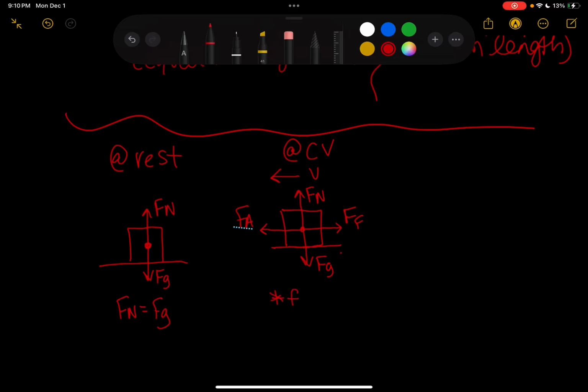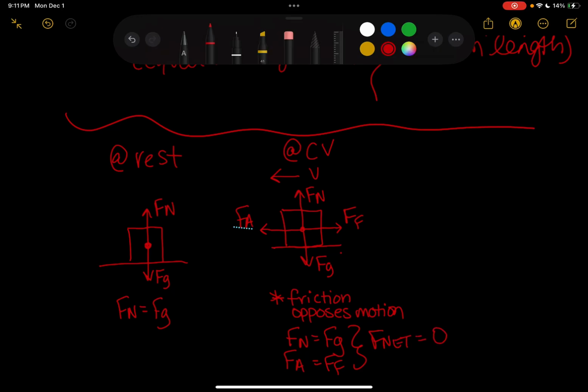Okay, so again, friction opposes motion. So in this case, not only is the normal force equal to the force of gravity, but the applied force is equal to the force of friction, right? So at this point, we say that Fnet is equal to 0 newtons. Same thing over here. The net force in the vertical direction is also equal to 0 newtons.